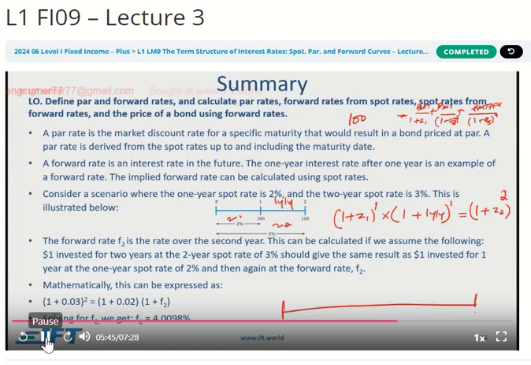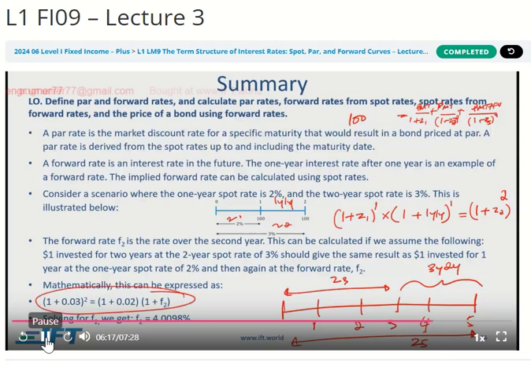So for example, this is a five-year timeline, and if I want to calculate the rate for a loan starting after 3 years for 2 years, right? Then if I have my Z3 and if I have my Z5, I can easily do it. So any combinations of these can be done, right, using this structure.